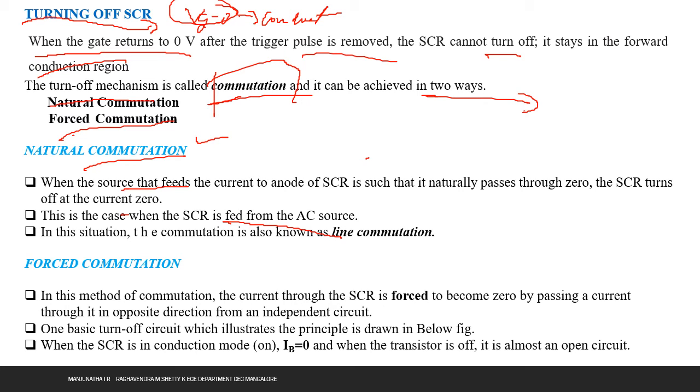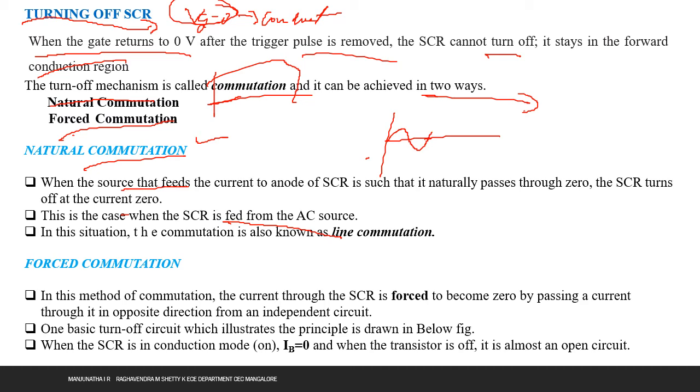This is very simple to understand. The title is natural commutation and forced commutation. So natural commutation is what? The SCR is going to turn off very naturally, based on what type of input we are giving.